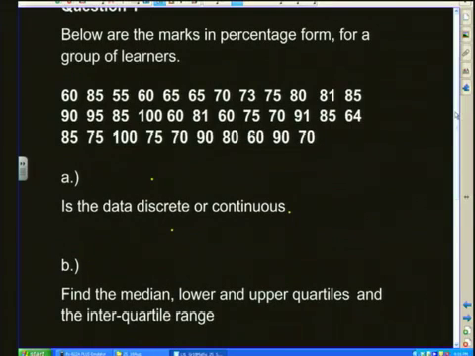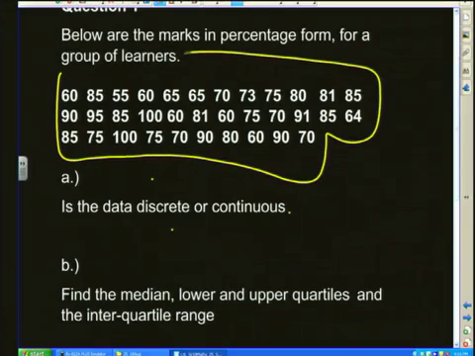Okay, so we've got an entire set of data. First thing you should do is analyze that data. If you count the number of entries, you'll see that there are 34 different marks. It is ungrouped because all the data is just given to you in this form. No grouping has been done at all.